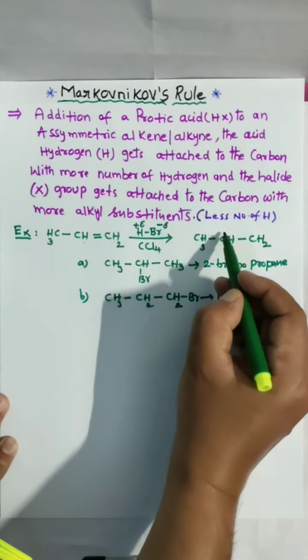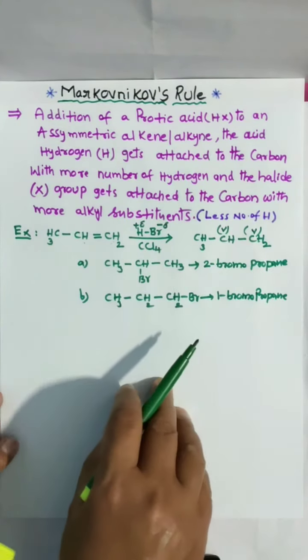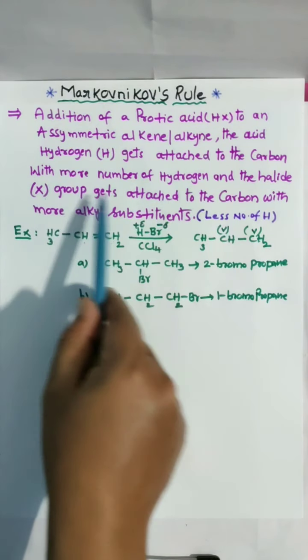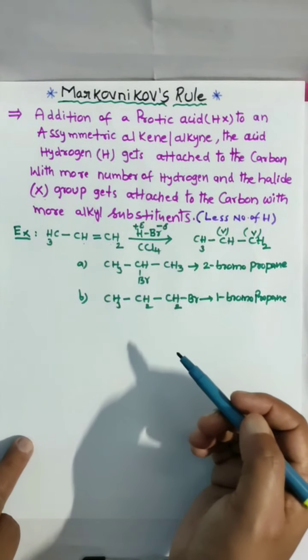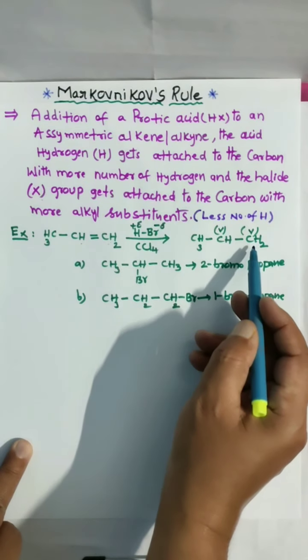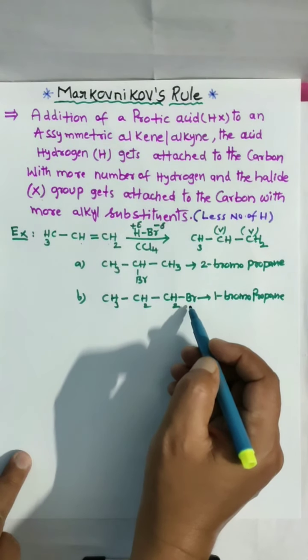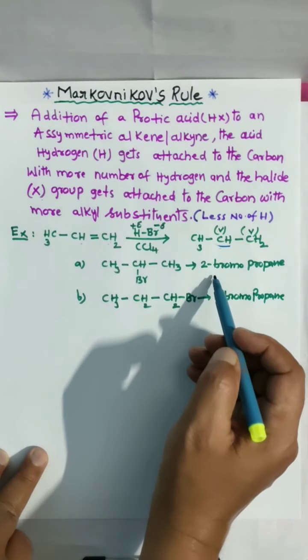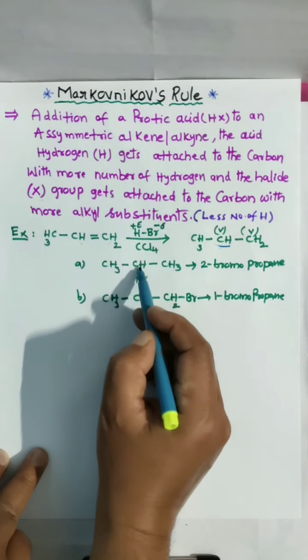Why? Because two vacancies are there, one here and one here. But Markovnikov's rule explains that the negative part of the addendum, meaning the halide group, gets attached at the carbon with more alkyl substituents. See here, when it attached at the end carbon we got 1-bromopropane. And when bromine attached at the middle carbon, we got 2-bromopropane.